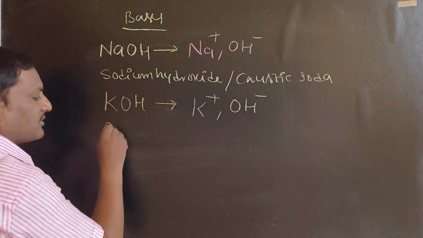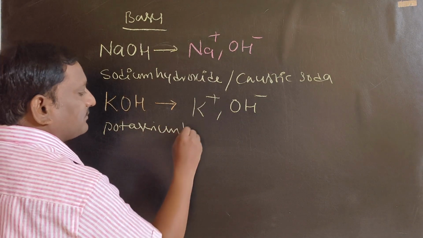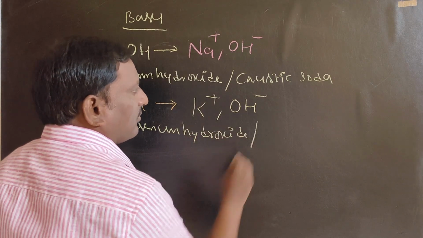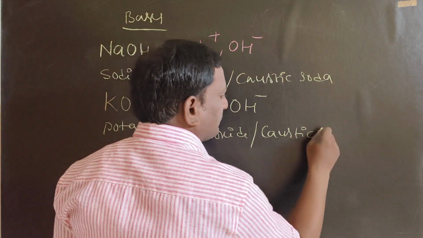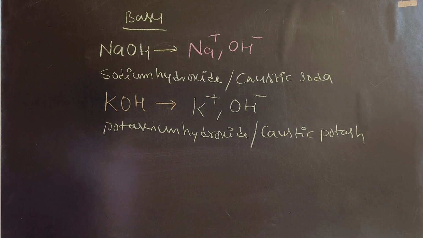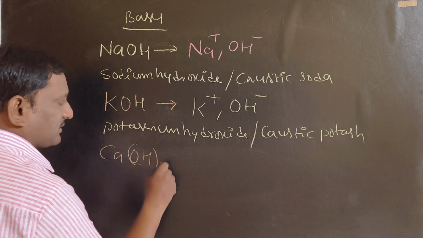So potassium hydroxide is also called caustic potash. Next one, calcium hydroxide, Ca(OH) taken twice.